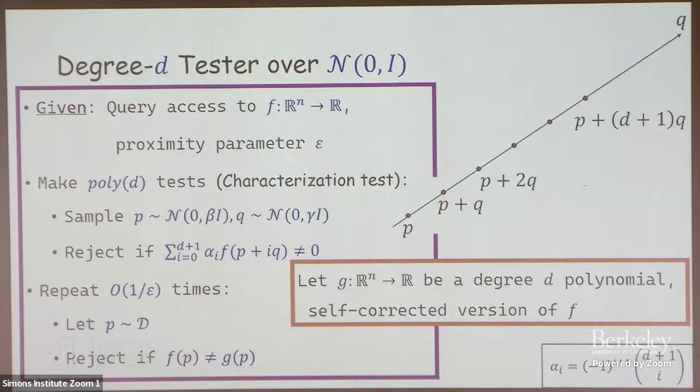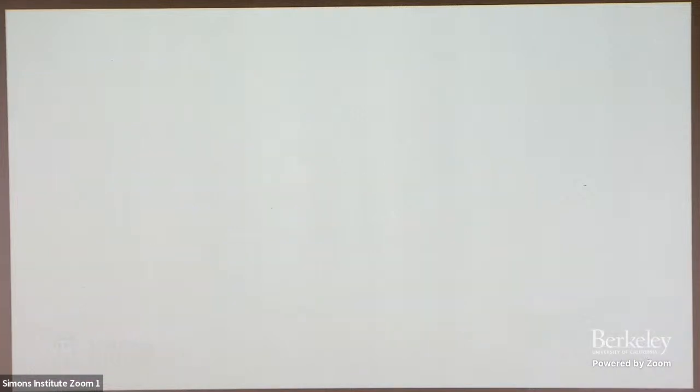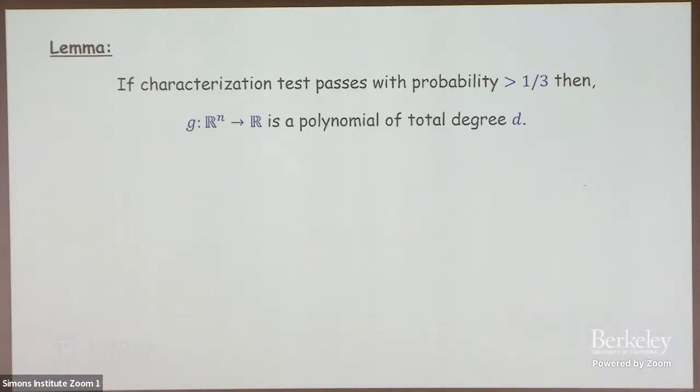Just note again that we use G only after we didn't reject the first characterization test, so we can assume that this passes with high probability. We're going to prove that if the characterization test passes with high probability, then the polynomial G is of degree D. The way to prove it is, first we think about a small ball, and we show that every line restriction of G is consistent with some univariate degree D polynomial, using the characterization.